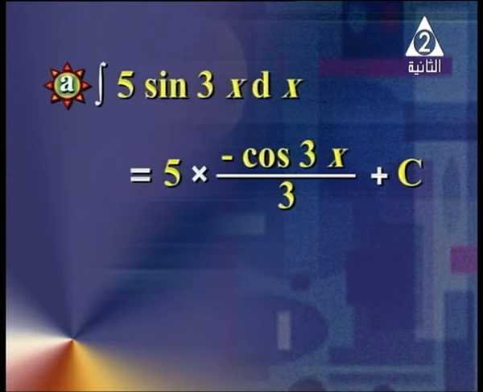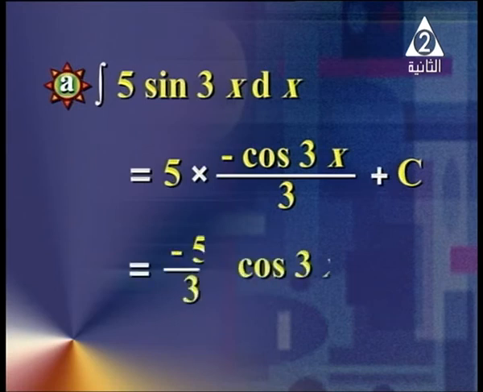We find the integration of sine 3x is negative cosine 3x, divided by the coefficient of x, which is 3. Then the answer is 5 multiplied by negative cosine 3x over 3 plus c. The answer is negative 5 over 3 cosine 3x plus c.